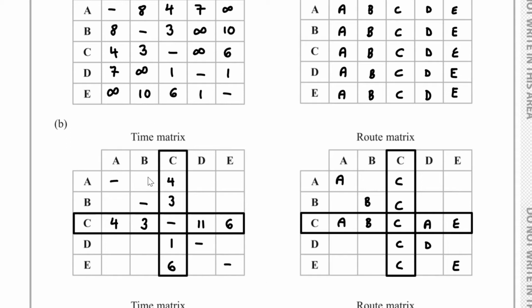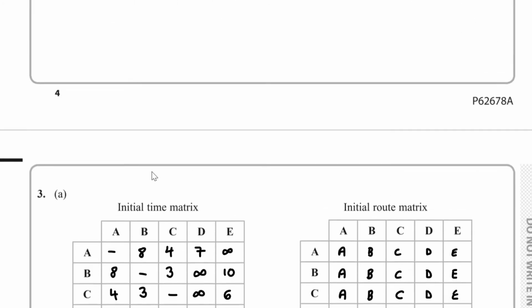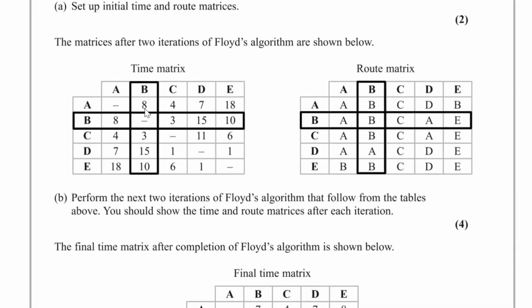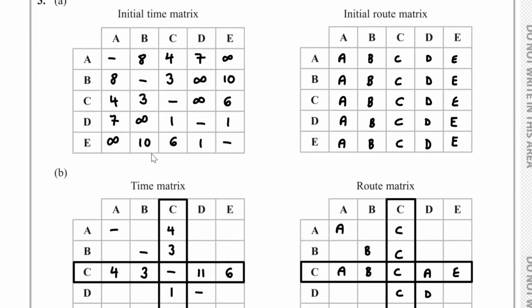Now, if we consider this element, we will compare the sum of 3 plus 4, which is 7, with 8. 7 is smaller than 8, so we change the 8 to a 7.